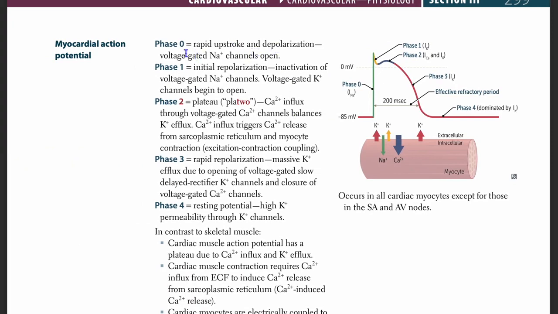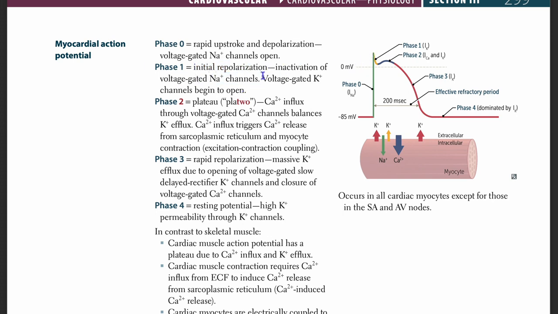So relaxation is repolarization. So voltage-gated sodium channels open up, and sodium comes in. Then in phase 1, after it reaches the threshold and the channels are depleted, the sodium channels are going to close down.